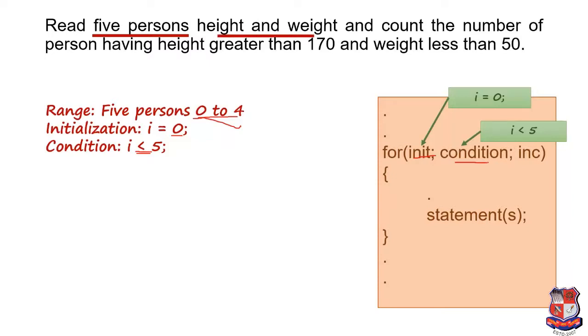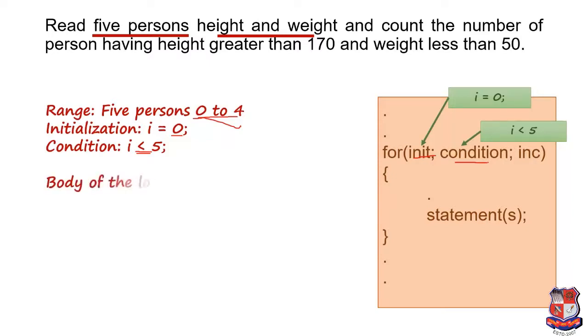Now next question is how to enter height and weight. Over here we have to keep in mind that we don't have to enter the value of a single person, but we have to enter the values of 5 persons. That's why we have to take input from the user inside the loop.